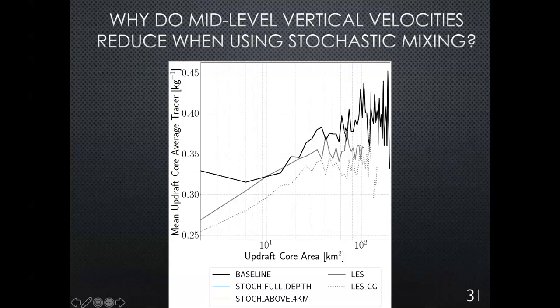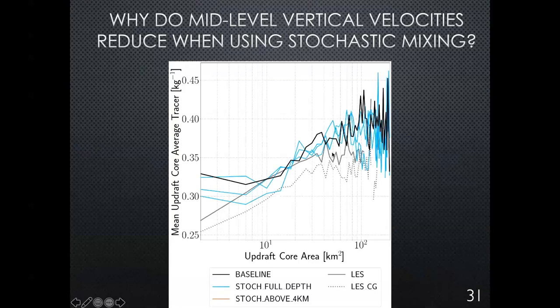For the baseline simulation, these profiles are rather noisy, but we do see that it has larger tracer concentrations than the large eddy simulation, which is expected due to the larger updraft cores that have less mixing compared to the large eddy simulation. Now here are the 3 stochastic simulations where stochastic mixing is applied throughout the full depth.